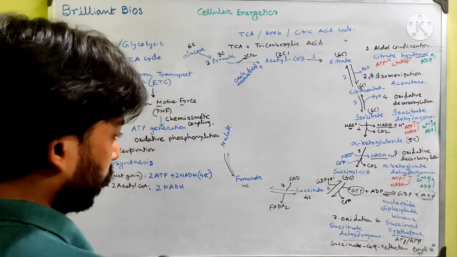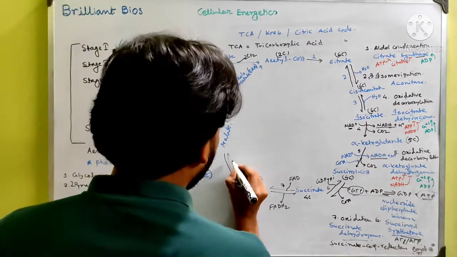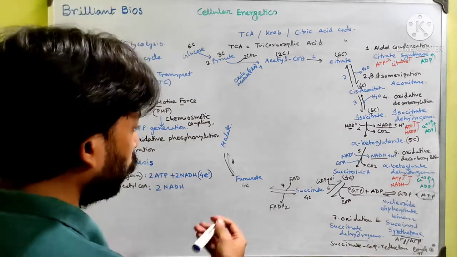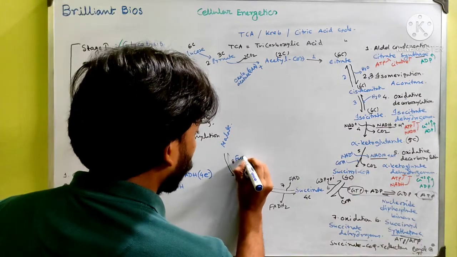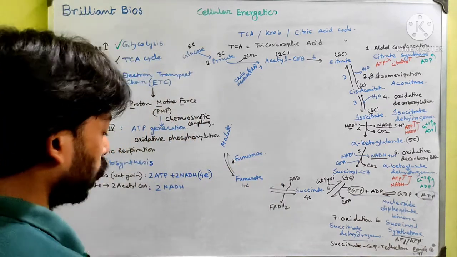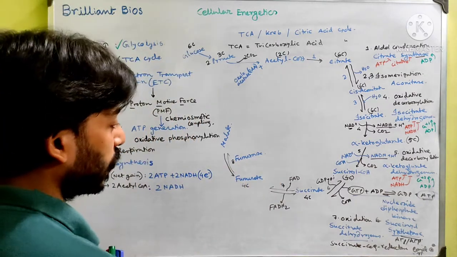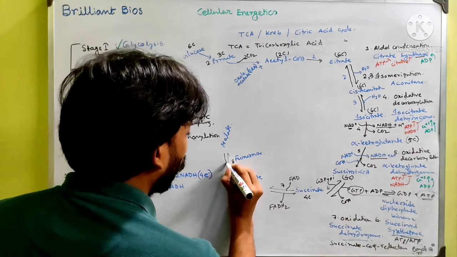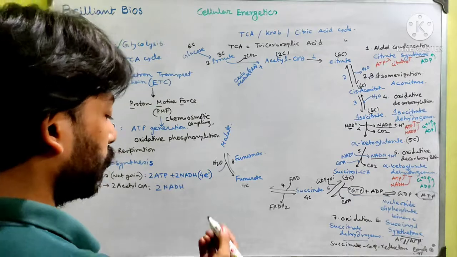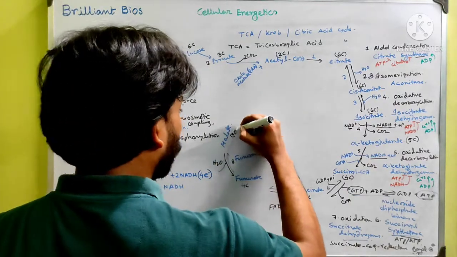So this step is the 8th step. The enzyme name is fumarase. This step is known as the hydration step because here one water molecule is added to make malate. This malate is also a 4 carbon molecule.